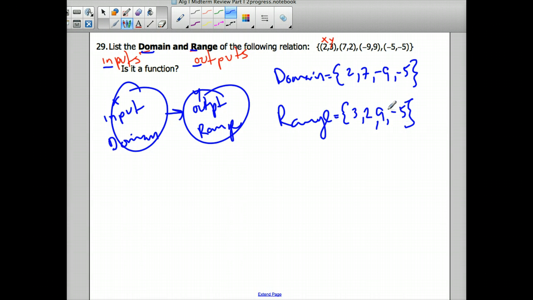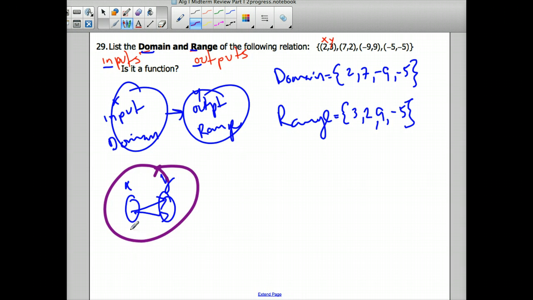So it is a function because there's no domain value, there's no input that gets two range values. Basically, is it or is it not a function comes down to, can you draw one of these pictures? Can an input go to two outputs? This is our universal not a function if one input has two different outputs. So is this a function? Yes, this is.